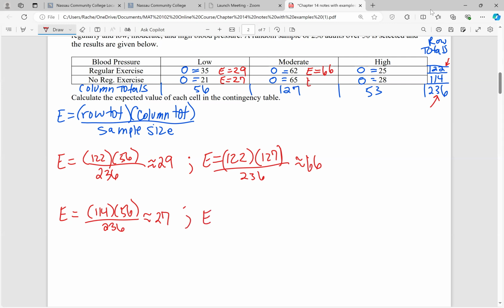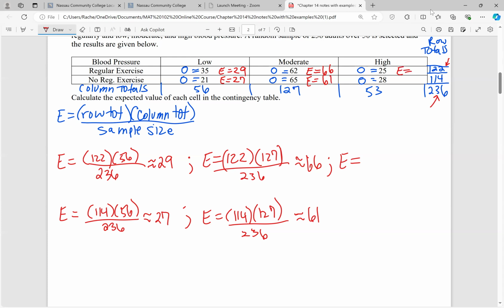For the one underneath, let's get the expected value. So row total is 114. Column total is 127. Total sample size is 236. And we get about 61 for the expected value. And let's get those last two cells.